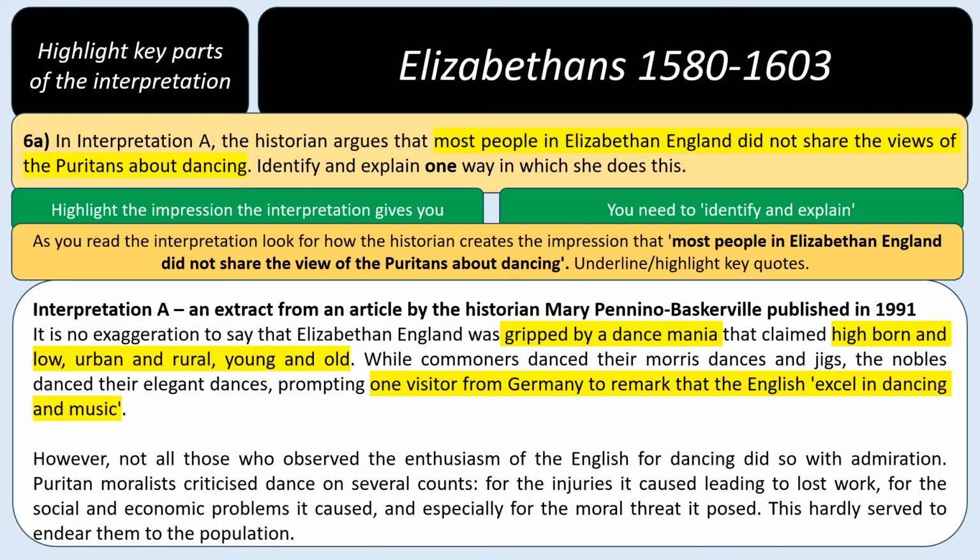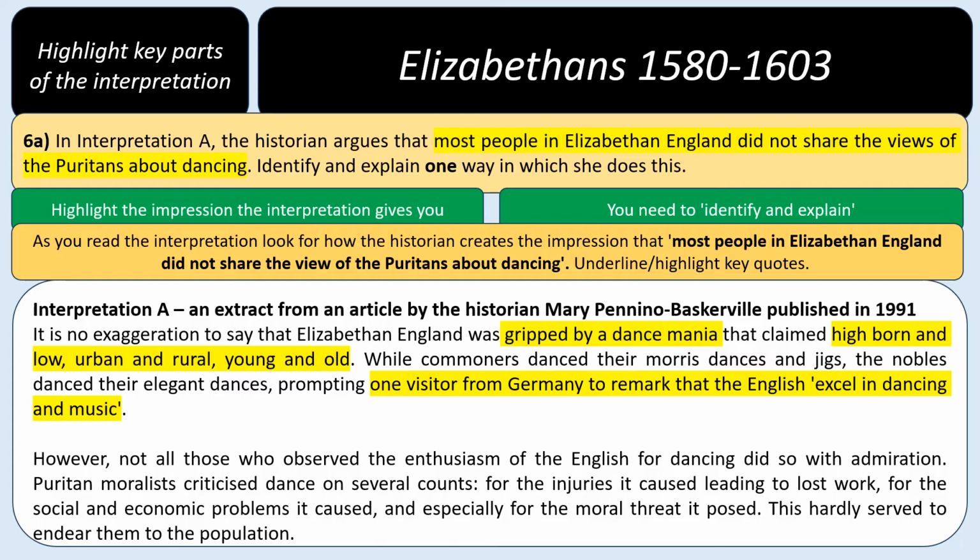When it says claimed highborn and low, urban and rural, young and old, the historian is giving emphasis and really stressing the fact that there are lots of different types of people that love dancing, and therefore that suggests that most people did not share the views of the Puritans about dancing, which are explained in the second paragraph, the fact that the Puritans were against dancing.